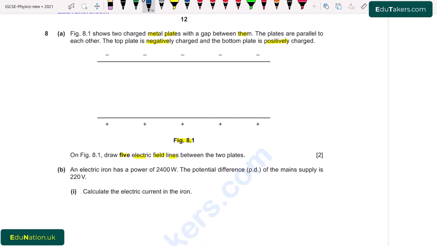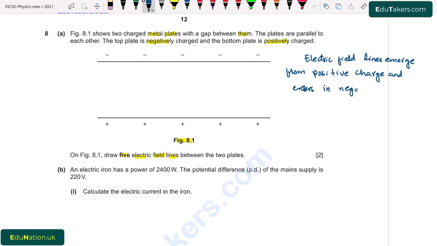First of all, we know that electric field lines emerge from the positive charge and enter the negative charge. So I write here: electric field lines emerge from positive charge and enter negative charge.